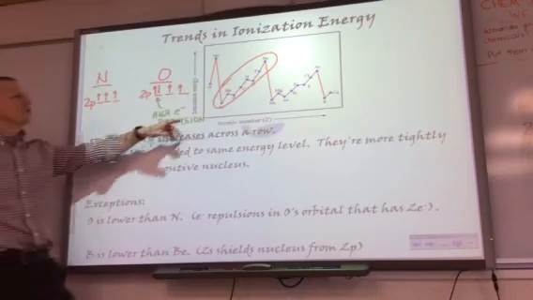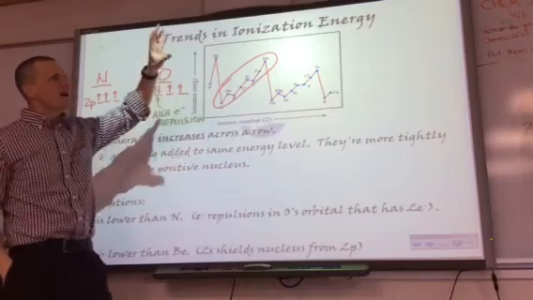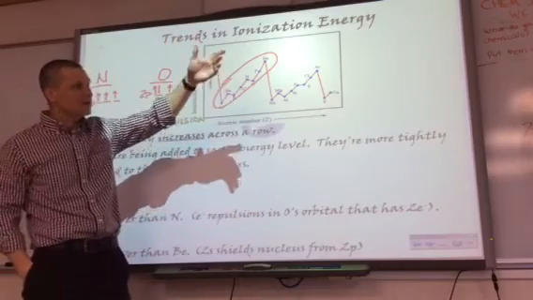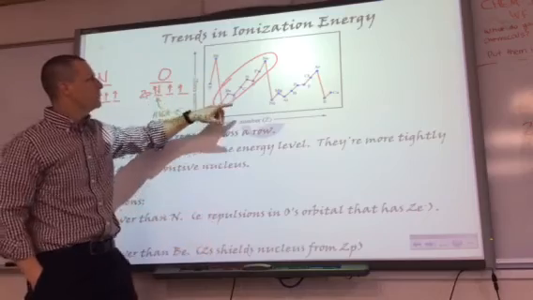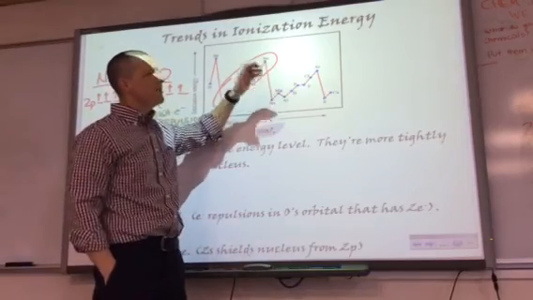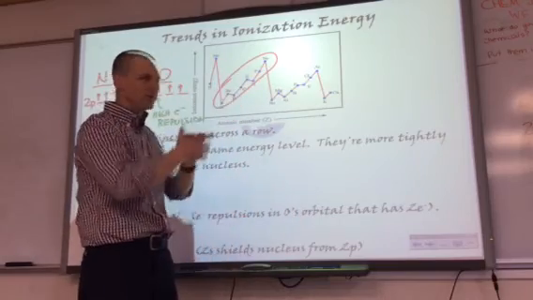The other exception here is beryllium to boron, and that's because beryllium finishes 2s. Over here, same thing happens. Magnesium just finishes 3s, and then it's starting 3p with aluminum.